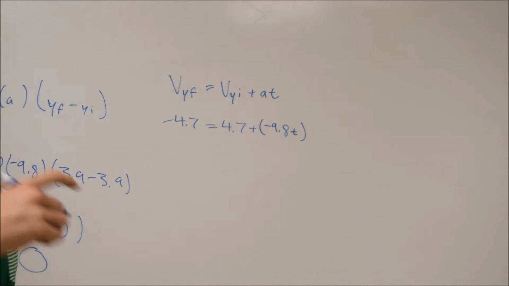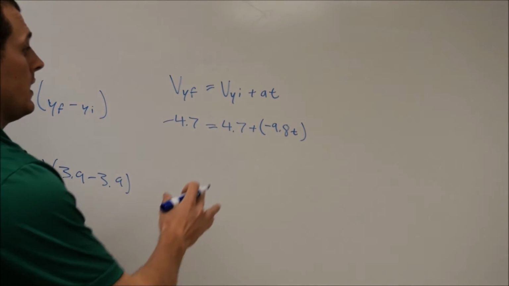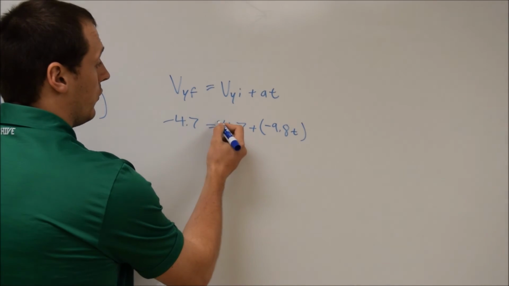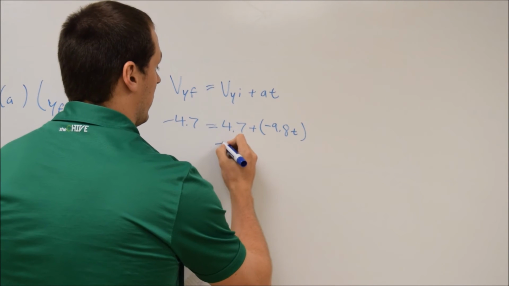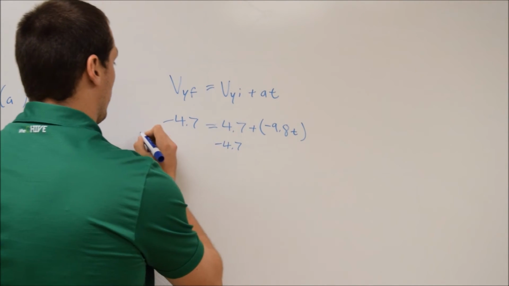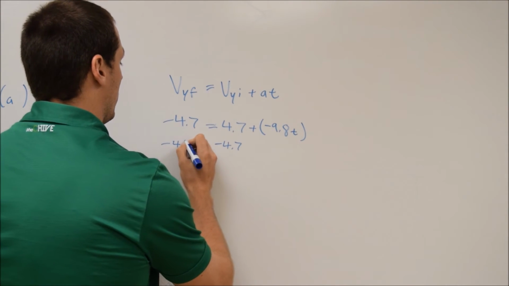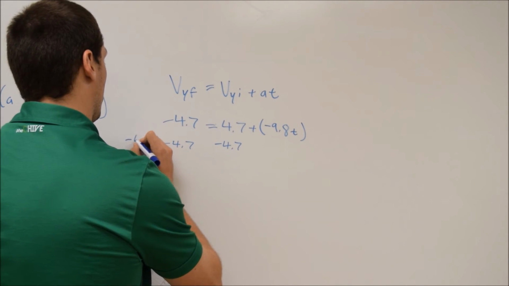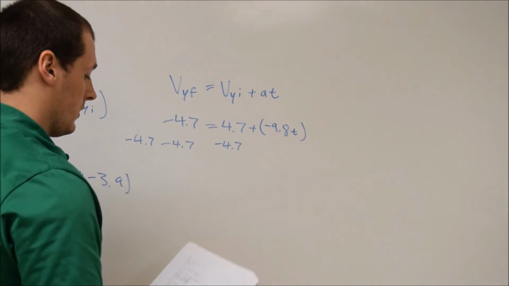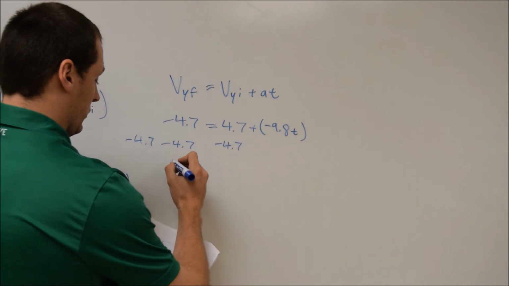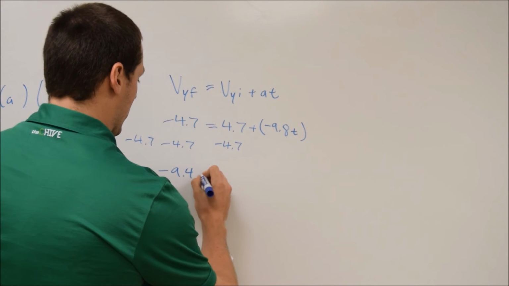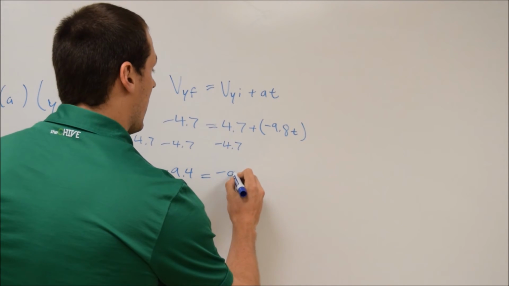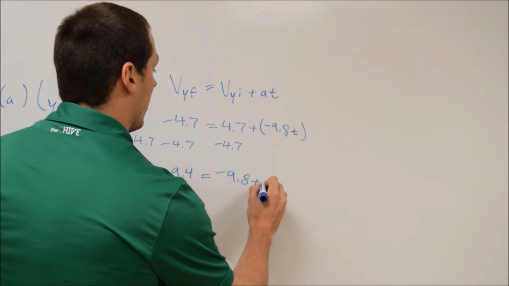Now doing our algebra, we subtract 4.7 from both sides. What we're left with is negative 9.4 is equal to negative 9.8 times time.